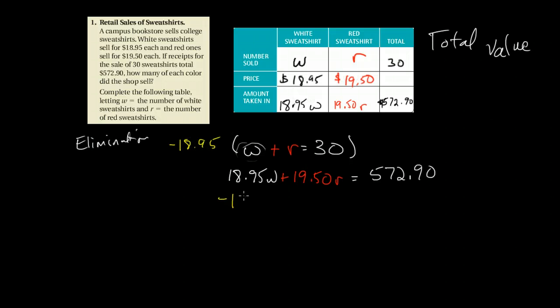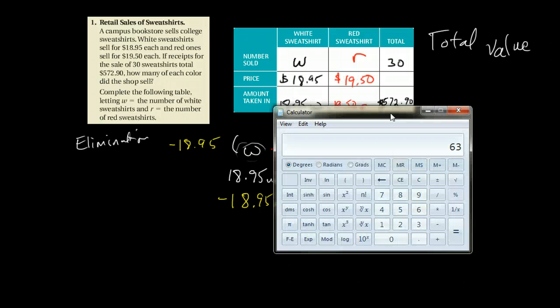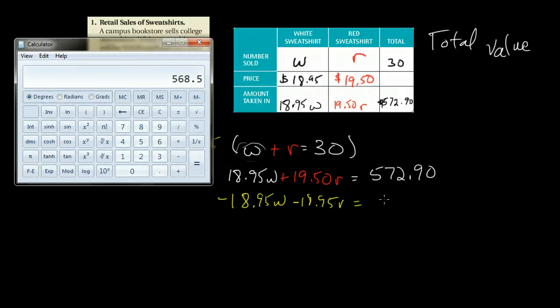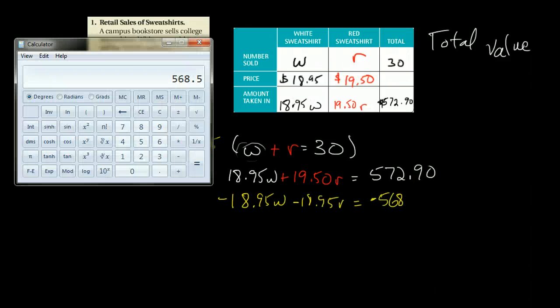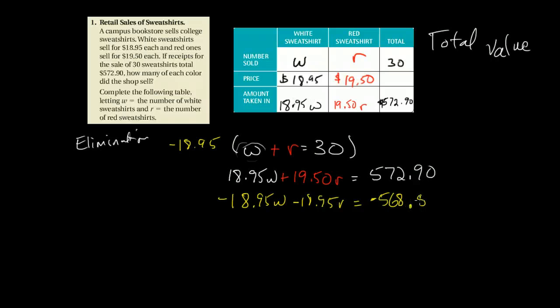So we have negative 18.95 W minus 18.95 R is equal to, let's grab our friend, the old calculator, and see what 30 times $18.95 is. $568.50. So we've got a negative 568.50.